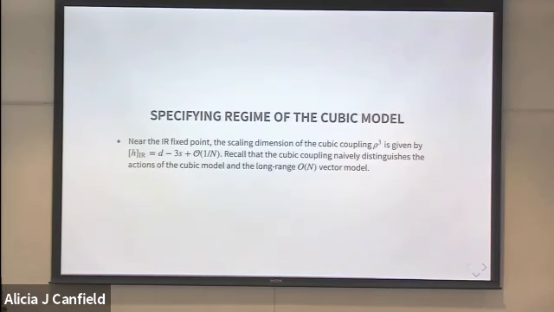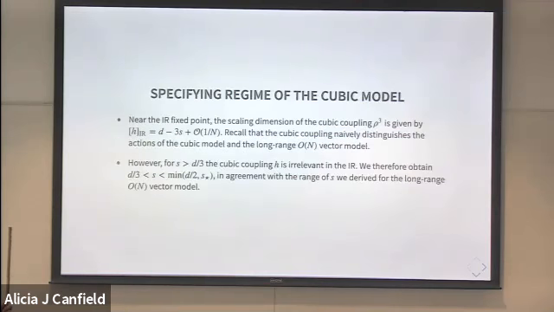So how do we explain that? Well, the scaling dimension of the associated coupling constant is d minus 3s, and it is negative for s greater than d over 3. So sigma cubed is an irrelevant operator in that case.